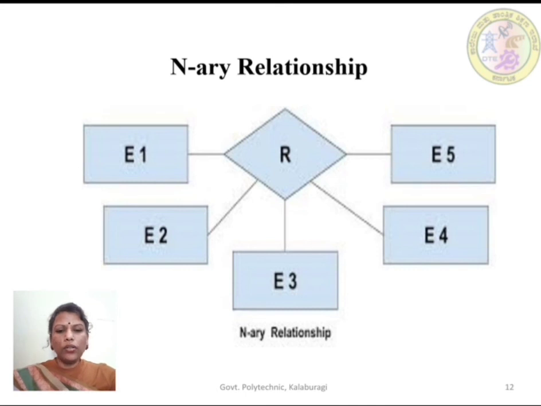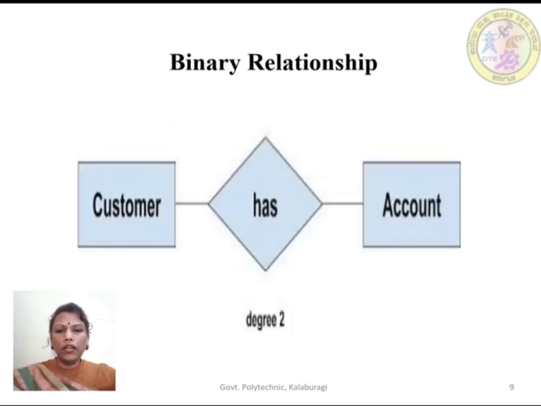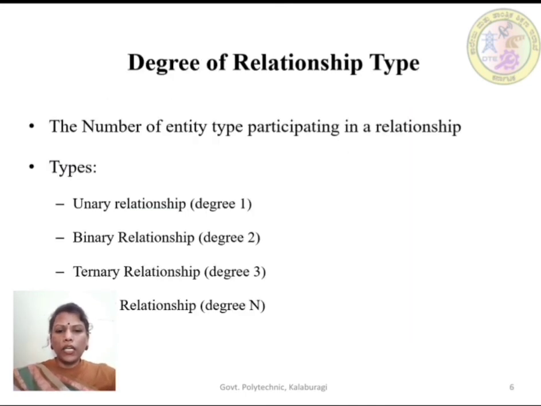The degree of a relationship tells you how many entity types are participating in a relationship type. If one entity type is participating, then that is the unary relationship, which we call degree 1.